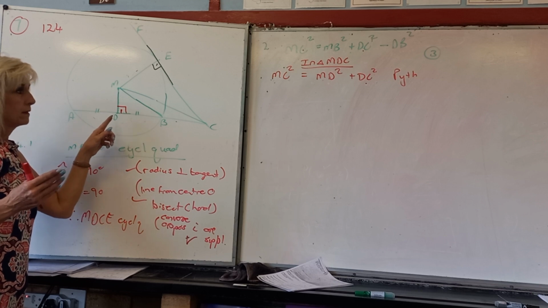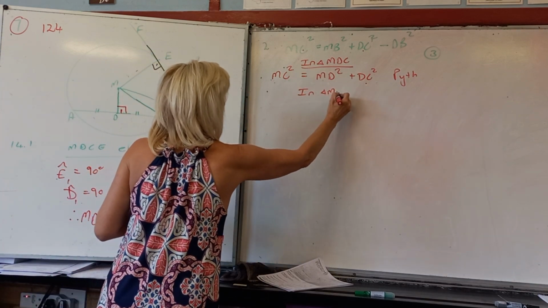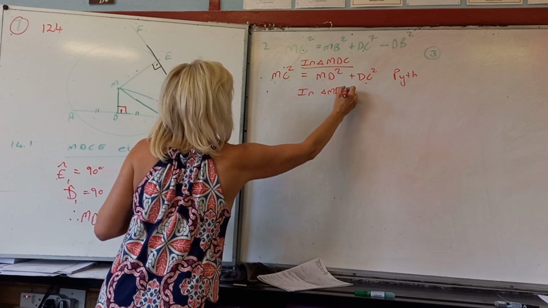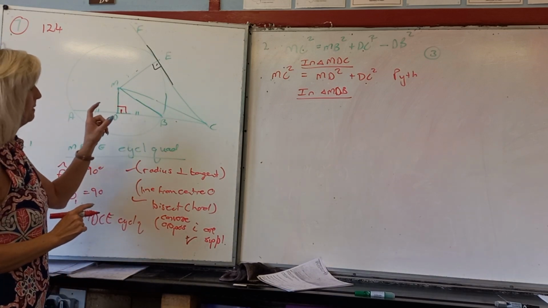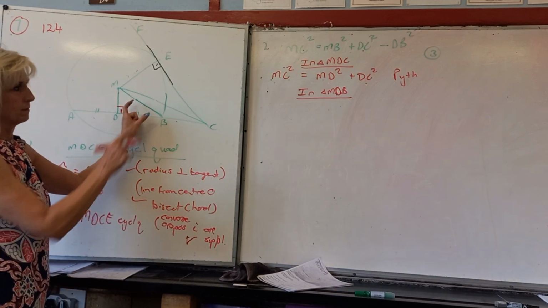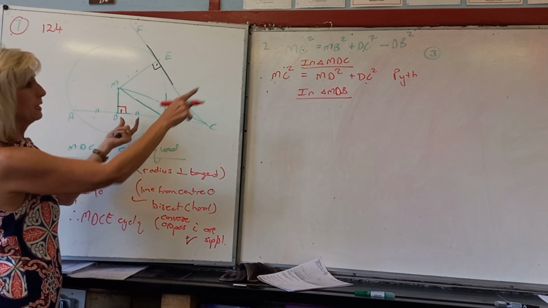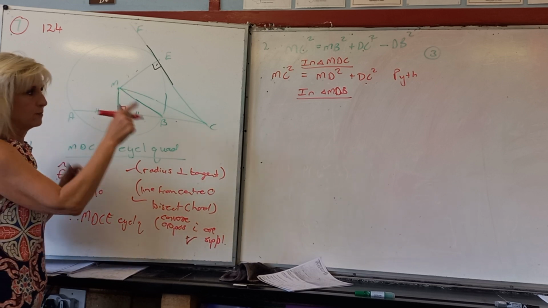MBD, because we've done C. MDB. This one. I'm going to be able to look at MB squared. At least that's there. MD is again not there. DB is also there. It's got stuff in that I like, that I want, that I'm looking for.